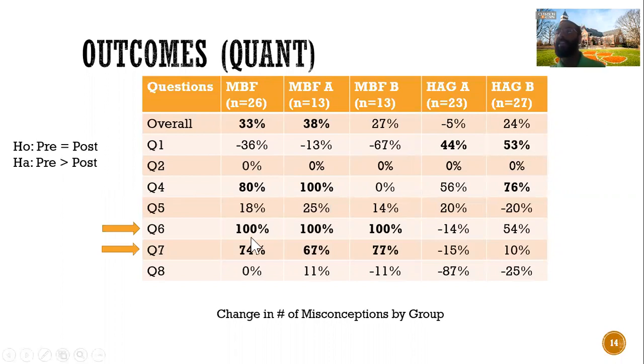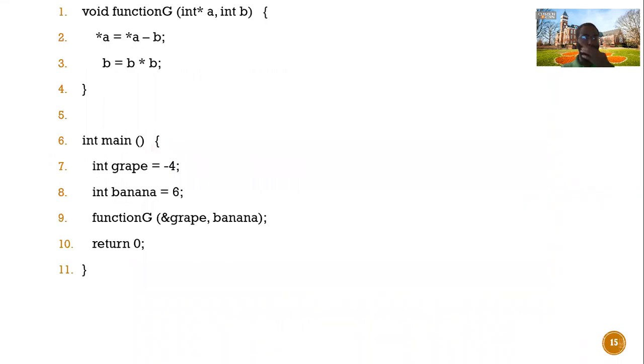Not only was there statistical significance in terms of improving from pre to post test, but when we ran a t-test to compare the MBF to the HAG group, the MBF statistically significantly outperformed the HAG group. This was also corroborated by performing ANOVAs after the scope of this paper.